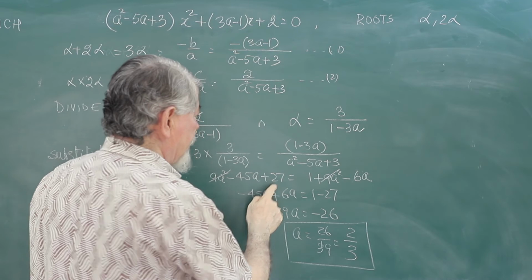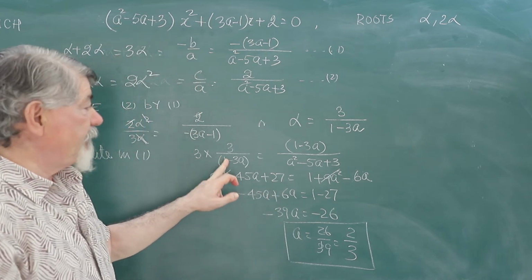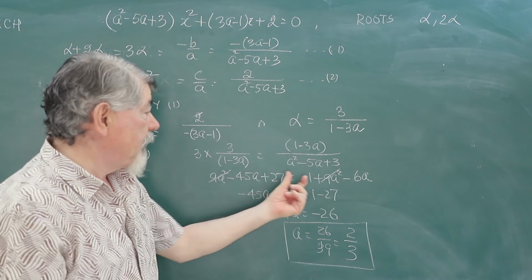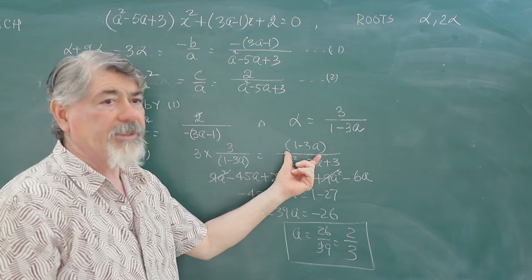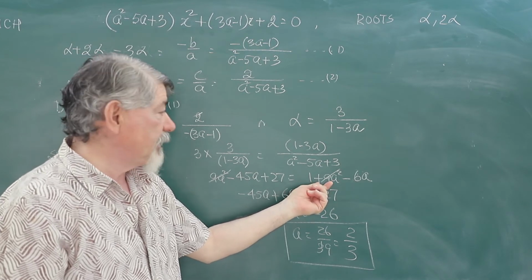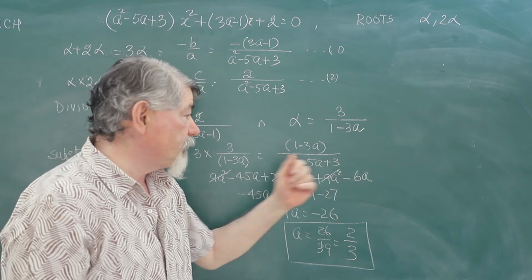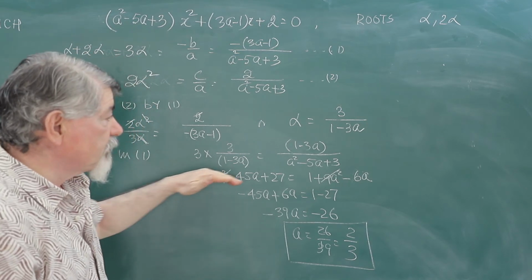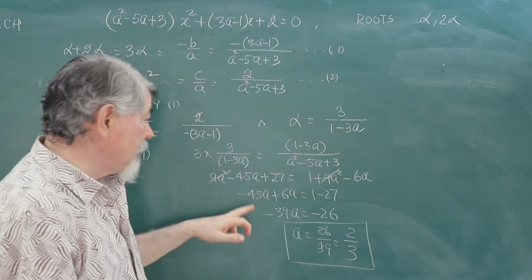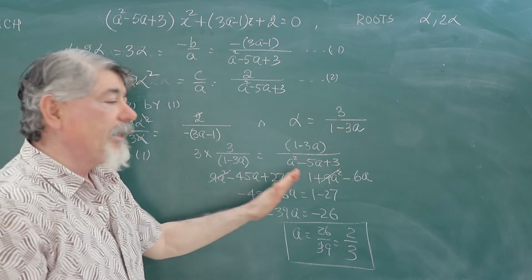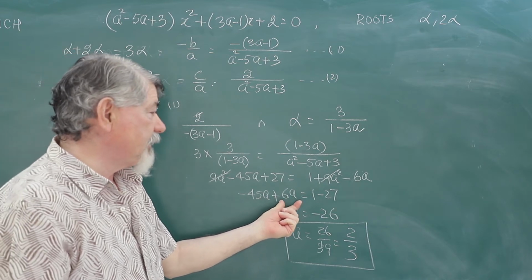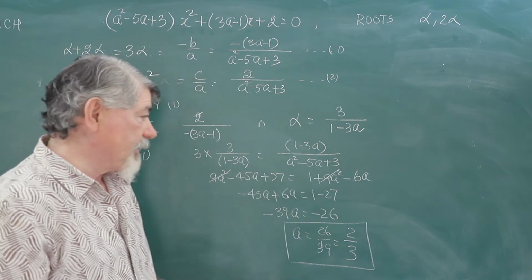9 3s are 27. When I multiply 1 minus 3a into 1 minus 3a, I will get 1 minus 3a whole square, which is square of the first term, square of the second term, double the product of first and second term. From both sides of the equation, the 9a square cancels. I shift a terms to one side: minus 45a plus 6a is equal to 1 minus 27.